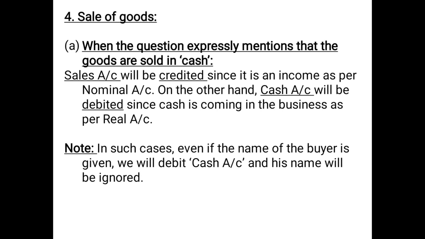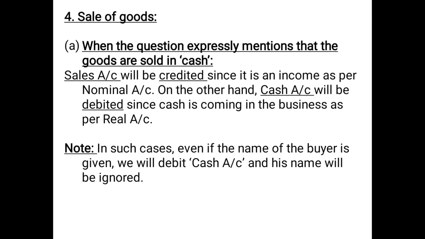That means sales is an income for the business, and we know sales is a nominal account, and nominal account says credit all incomes and gains. So therefore, whenever the goods are sold, irrespective of whether they are sold in cash or credit or both, sales account will be credited. Then what will be debited?